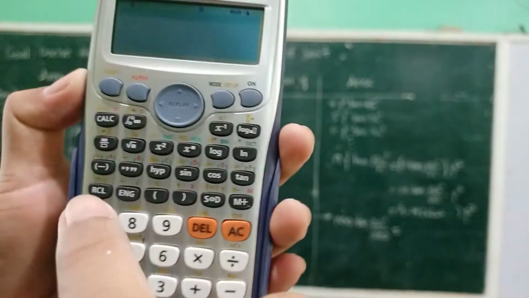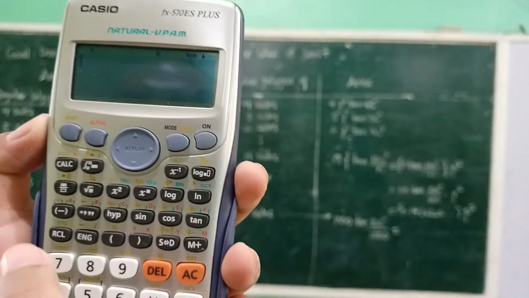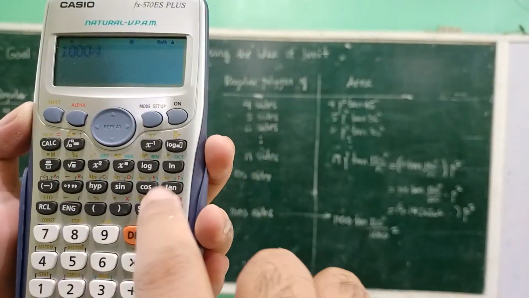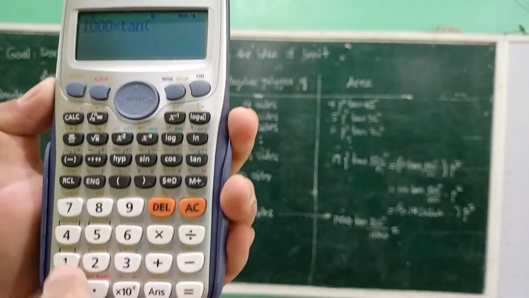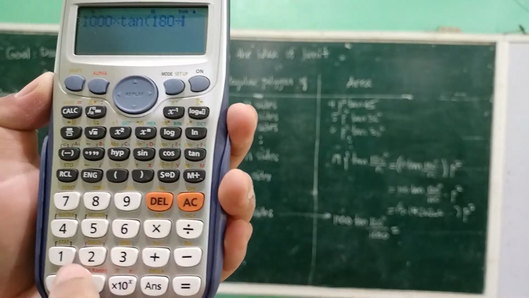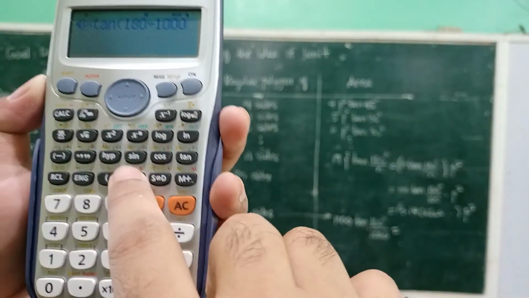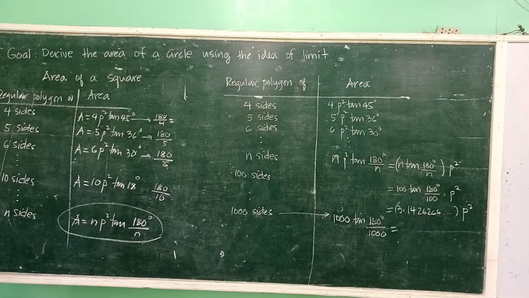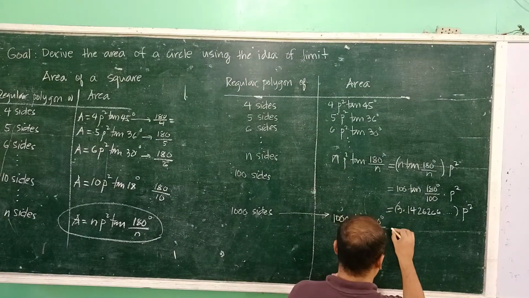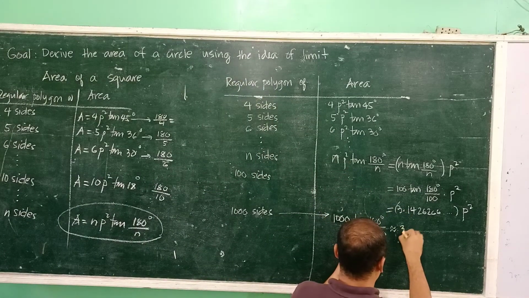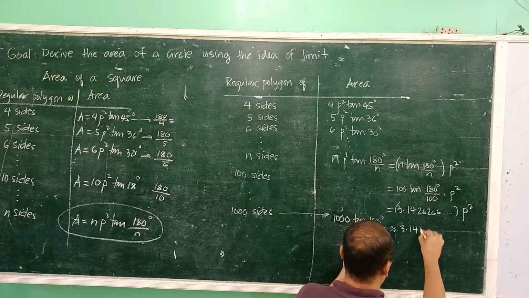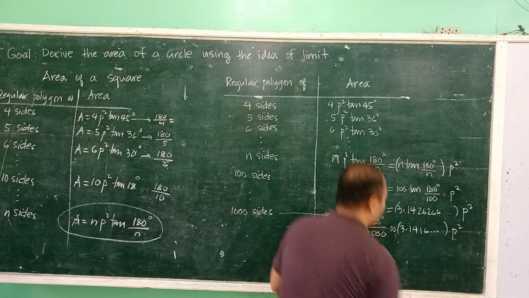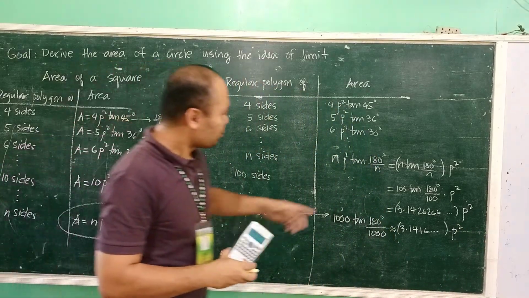So that is 1,000 times tangent 180 divided by 1,000, which is 3.1416, multiplied by p squared.